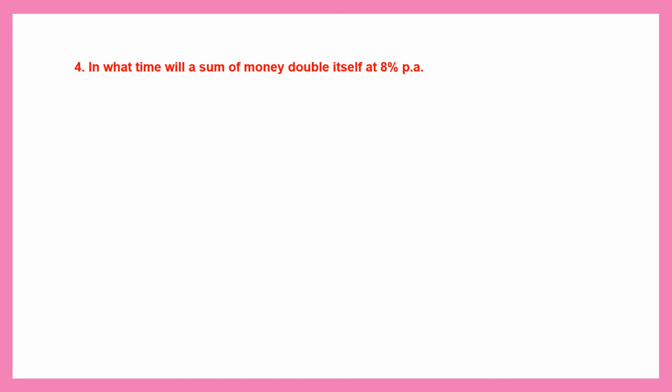Now to find time, what is the formula? The formula is simple interest into 100 divided by principal into rate of interest. So here we don't have simple interest, we need to find it, and principal we are going to assume to be a certain amount, and rate of interest is already given to us.